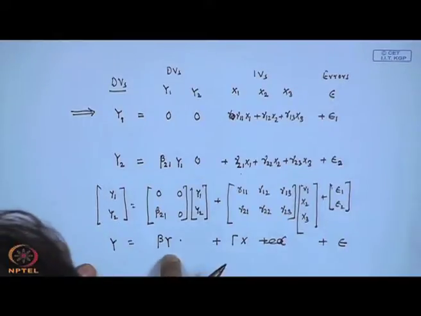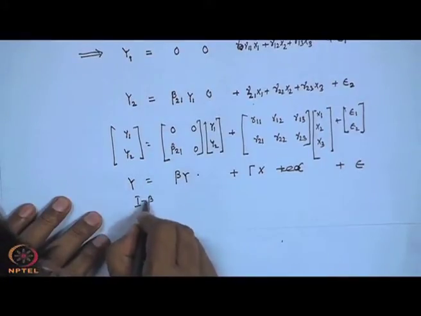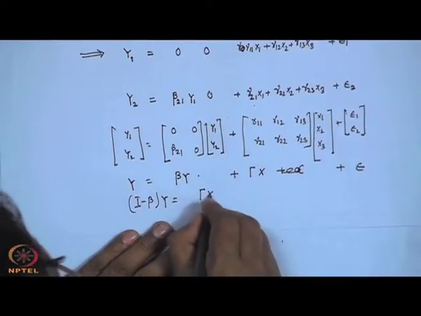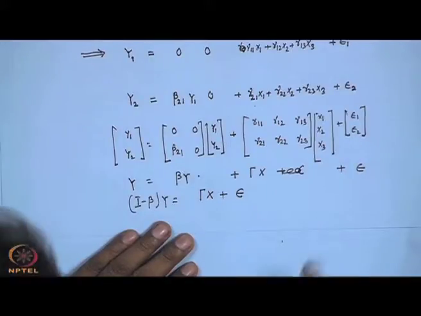Beta y plus gamma x plus epsilon, and if you do a little more manipulation, this will be I minus beta y equal to gamma x plus epsilon. Okay.